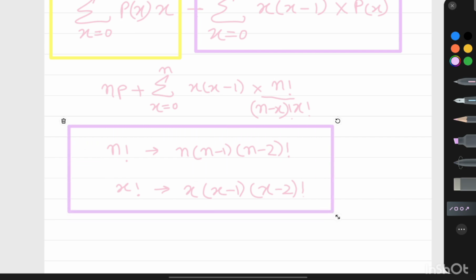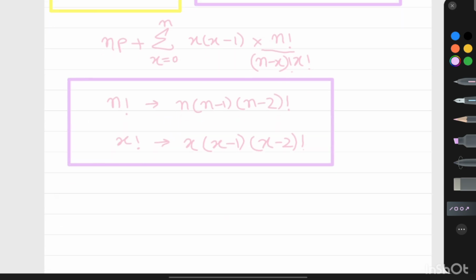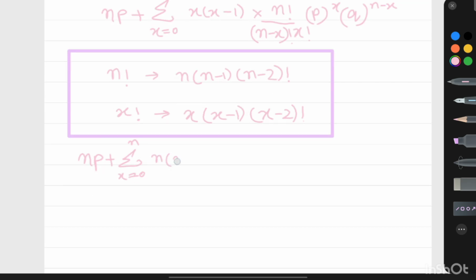Okay, now we are going to substitute this part, whatever I have just now told you. So we have written n and p. Now x is equal to 0 n. We write like this: n minus 1 n minus 2 factorial. Okay, now x factorial, then x factorial can be written as, we can write like this, right?